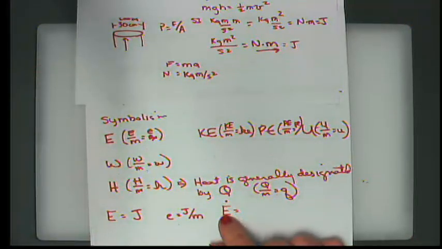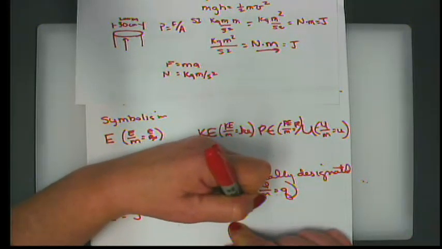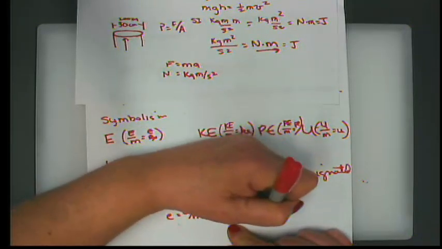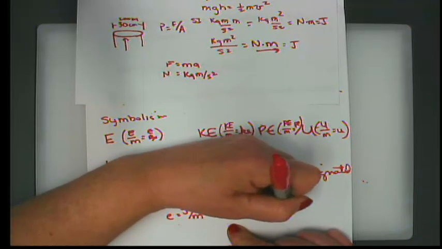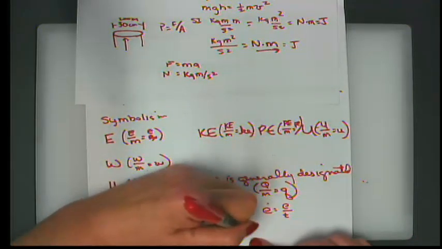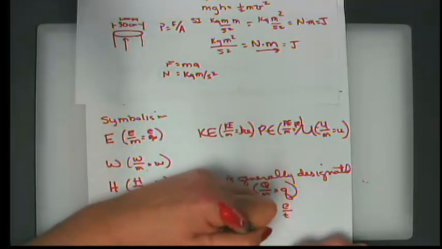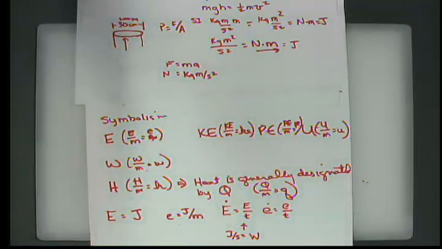Dot is that notation that just refers to the first derivative with respect to time. So E dot is energy per time. Little e dot would be little e per time. And the units on E per time would be joules per second, which of course is a watt.